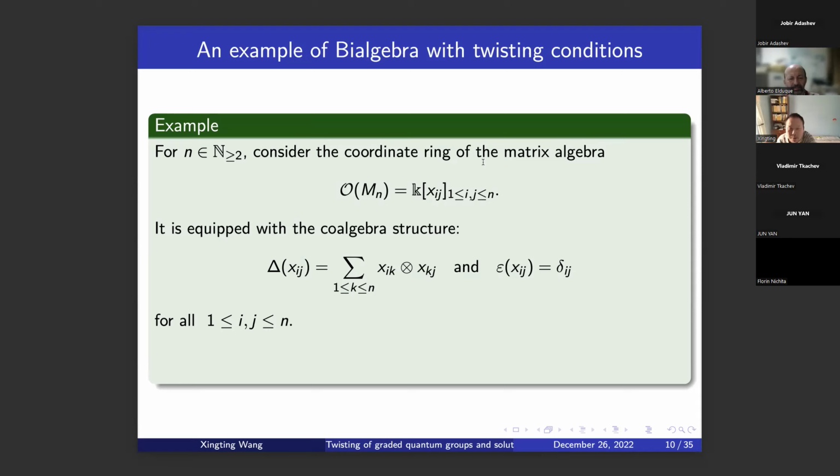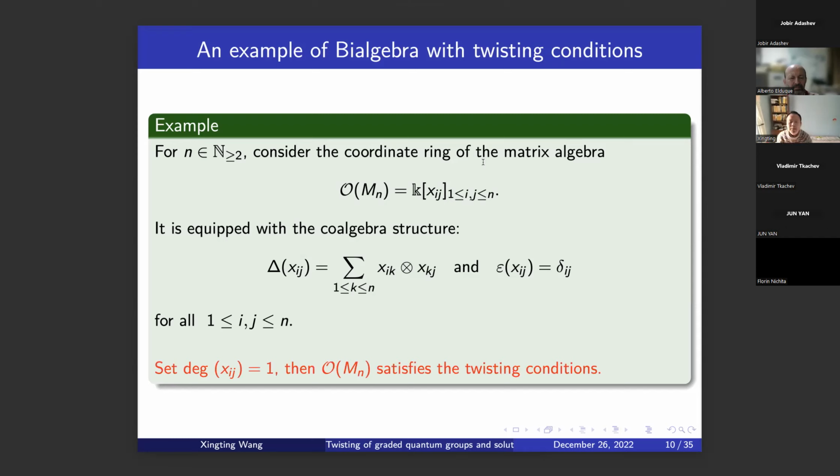And we can make it into a bialgebra where we let delta of x_ij have the following form. Usually called the co-matrix structure, and the co-unit sends x_ij to delta_ij. It's a very standard setup. And after this, we see that it is a bialgebra.